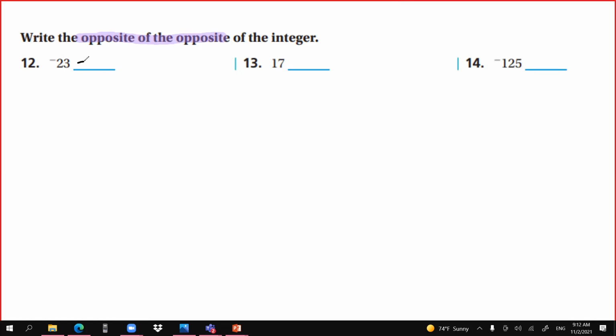Thank you. Laura. What is the opposite of the opposite of 17? 17. Bravo. And the last one, Maryam. Opposite of the opposite of negative 125. Negative 125.